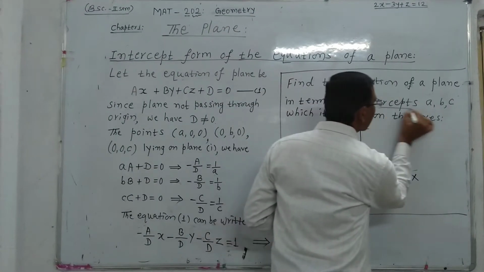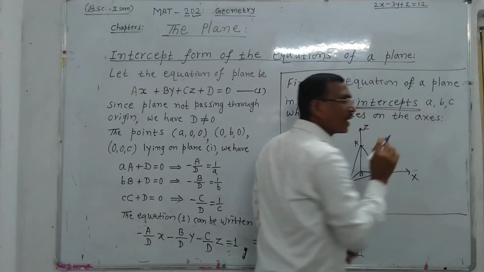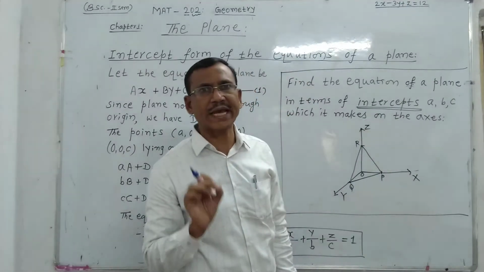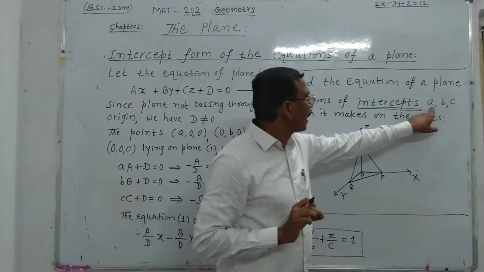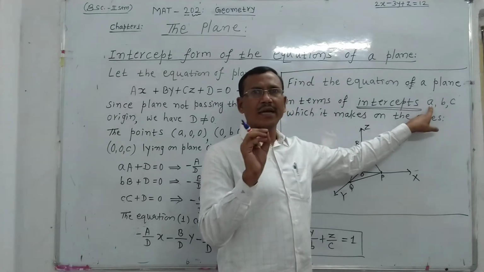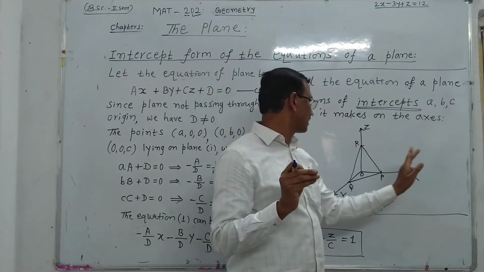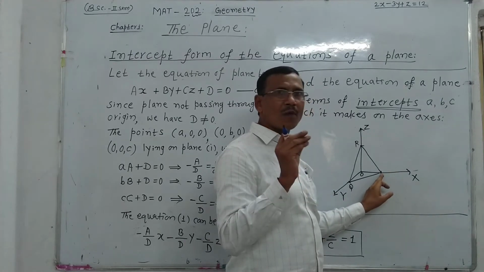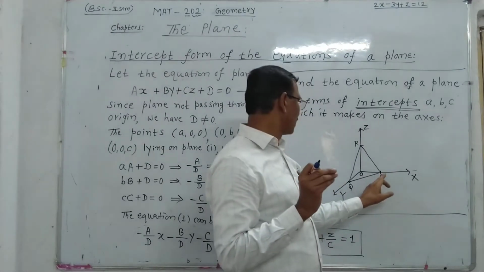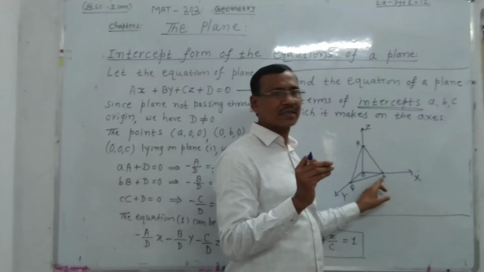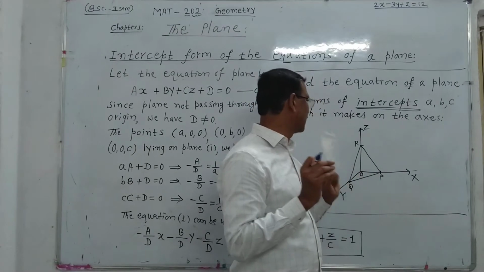Now listen carefully: intercepts, not intersect. If a is the x-intercept, then a is the distance from the origin of the point at which the plane cuts the x-axis.